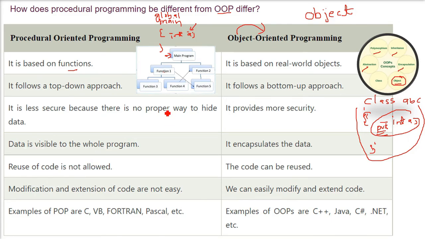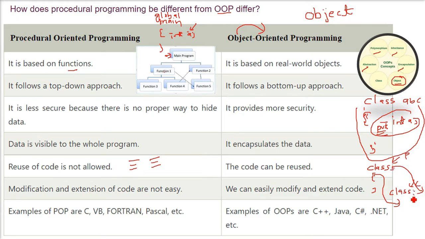Though you can say a function can be reused, in totality you have to write more code than in object oriented, because here you make a class, then you make another class, and if you want to use the first class's content, you just inherit that class. So inheritance provides you the reusability. This is how the code can be reused.